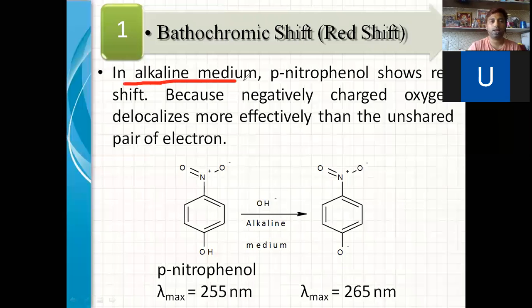Paranitrophenol's lambda maximum is 255 nanometer, but in alkaline medium, lambda maximum is shifted to longer wavelength, 265 nanometer. So it shows a bathochromic shift or red shift because of the change in solvent.